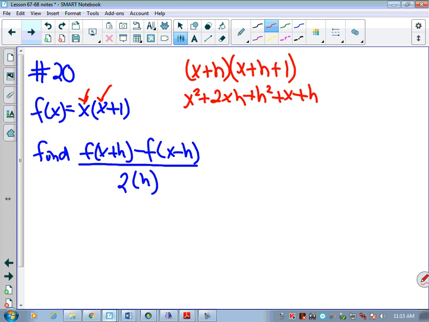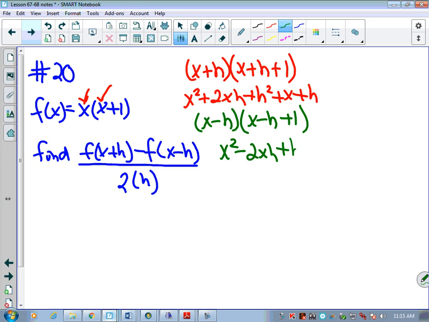Then we want f of x minus h, which is x minus h times x minus h plus 1. That's going to come out to x squared minus 2xh plus h squared, because we have two negative h's, plus x minus h. Now we take all of that.